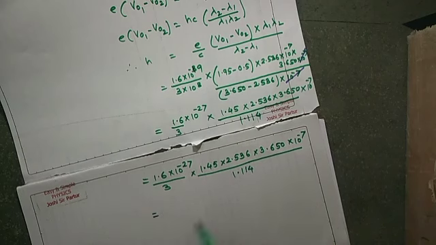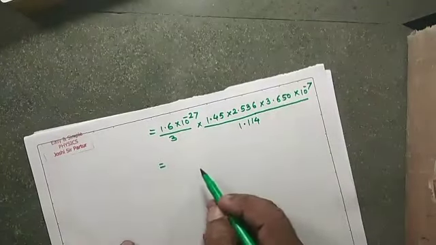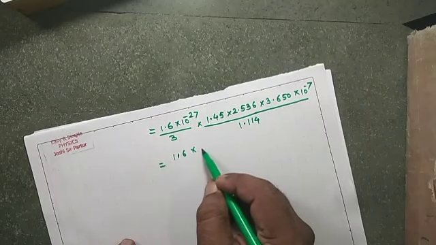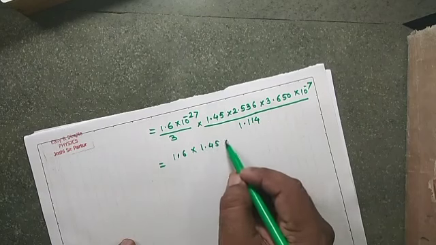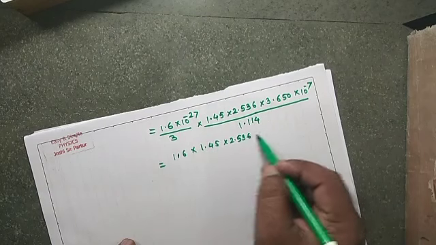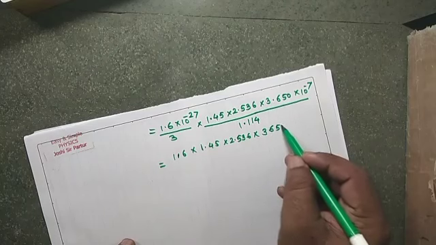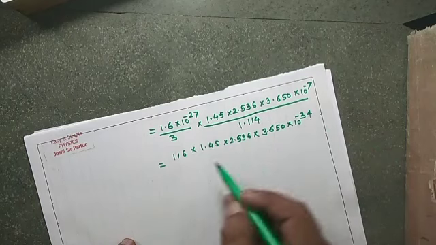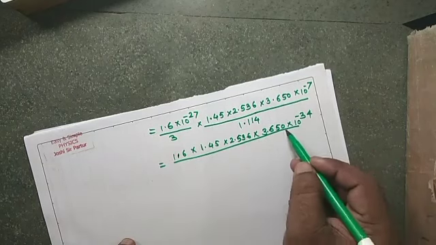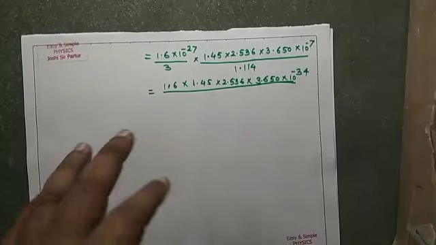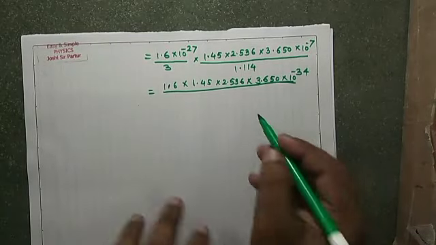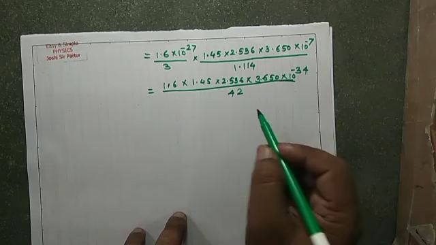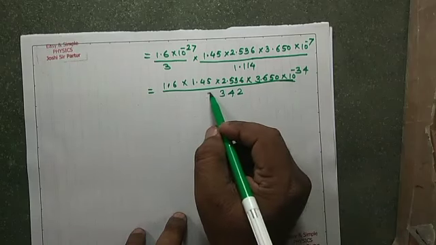So if we multiply, it becomes 1.6 multiplied by 1.45 multiplied by 2.536 multiplied by 3.650 multiplied by 10 to the power minus 34 divided by 3 times 1.114, which is 3.342.